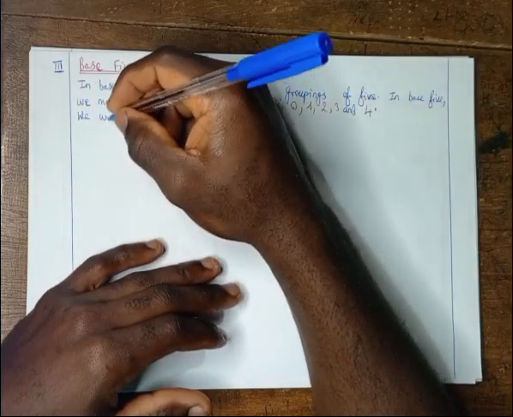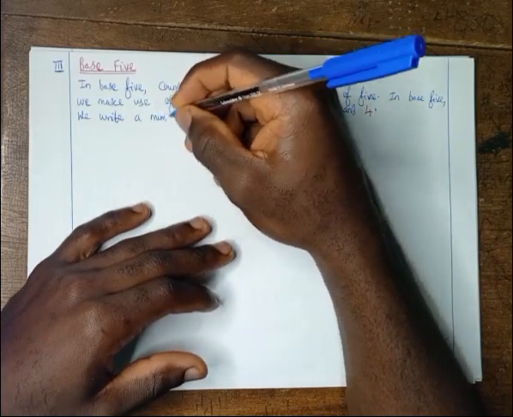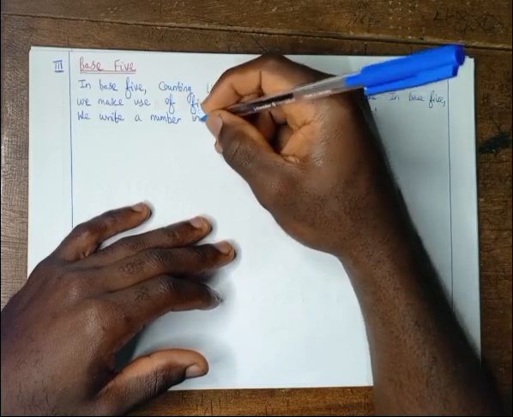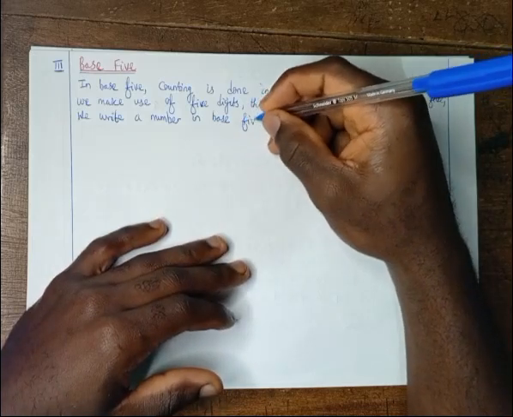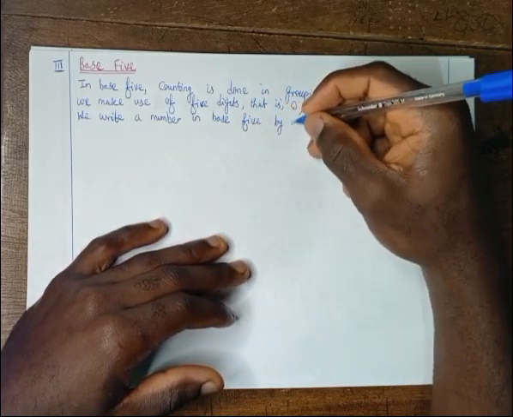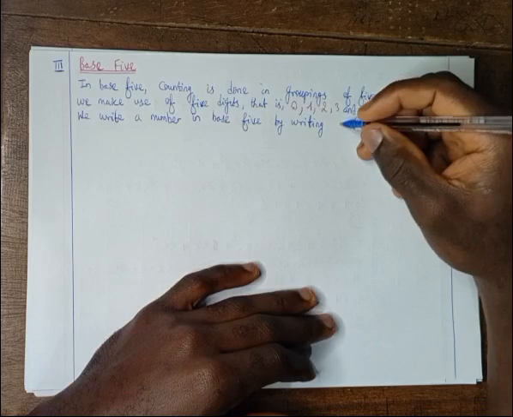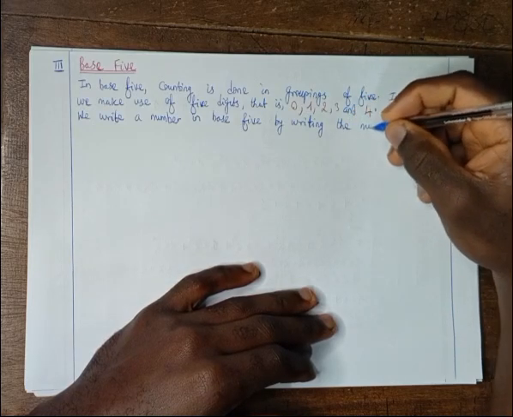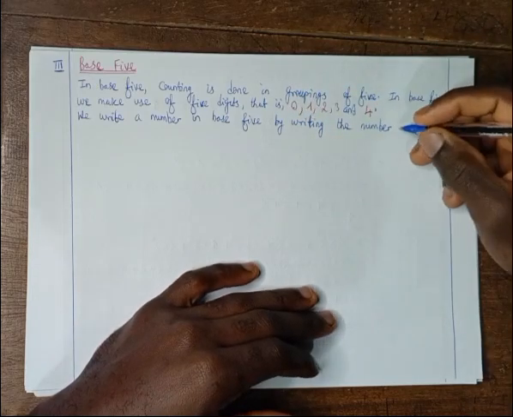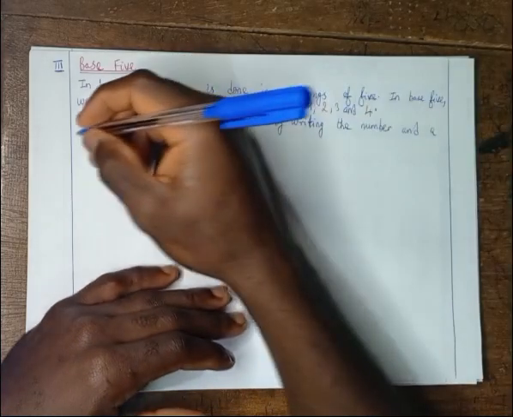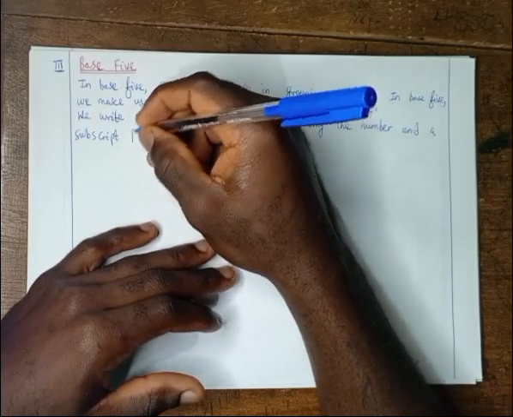Next, we write a number in base 5 by writing the number, that means the number which is formed by making use of these 5 digits, and a subscript 5.